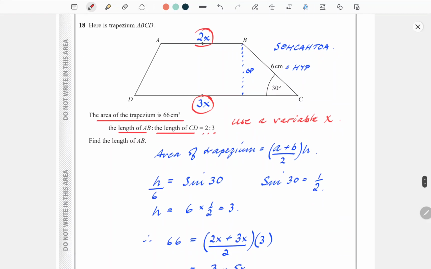So what we have is the formula for the area of a trapezium. It's a plus b, i.e. top plus base, all divided by 2, and then multiplied by the height.